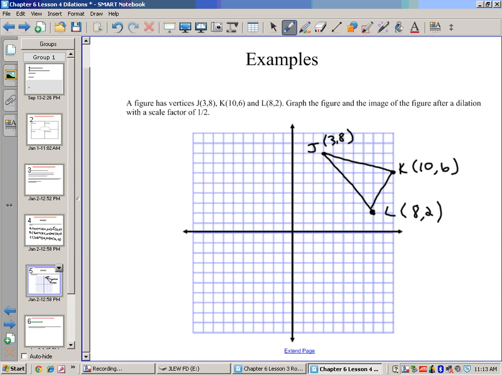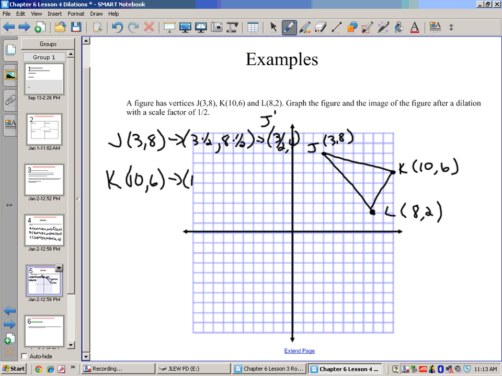Now we have to do a dilation with a scale factor of half. So off to the side here, once again, J, which is (3, 8). Multiply each one by half. That's going to get us 3/2 and 4. That's our new J prime. Let's look at K. K, we have 10 and 6.